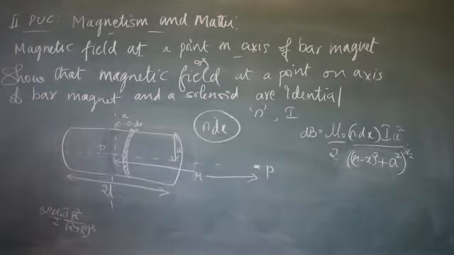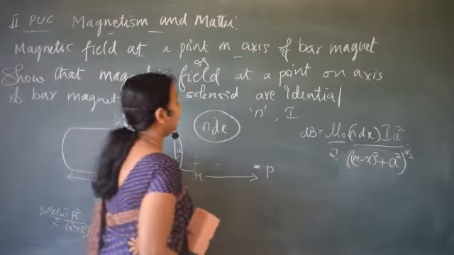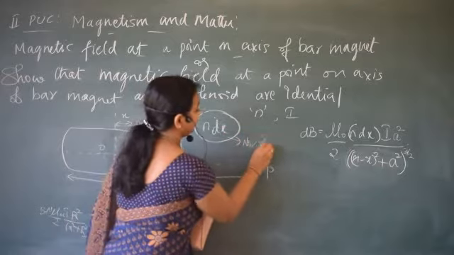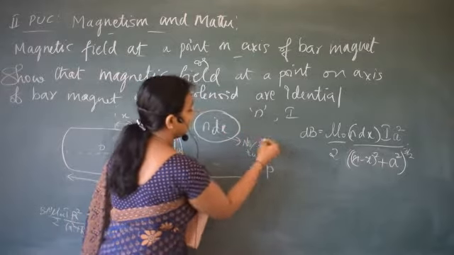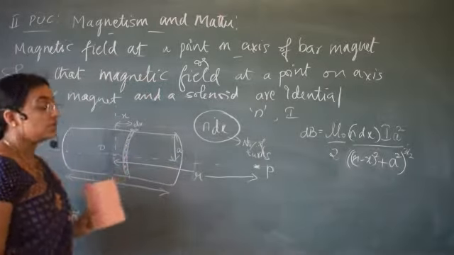So n into dx is the number of turns in that element, correct? Then I be the current passing through the solenoid.